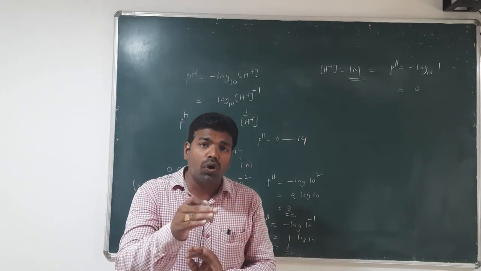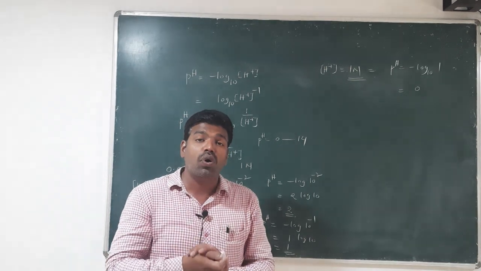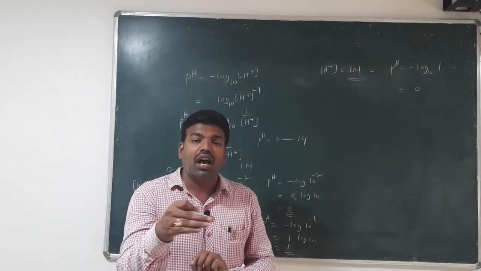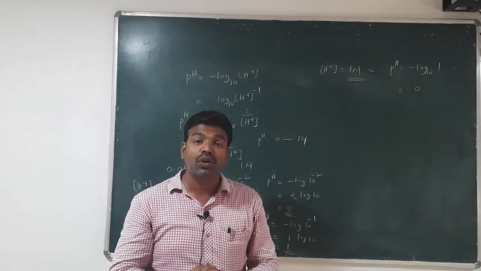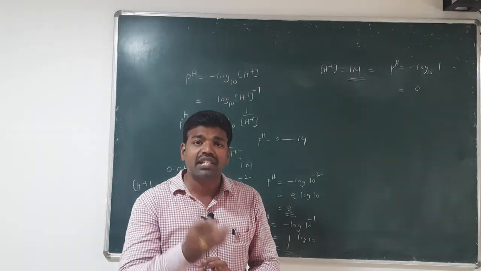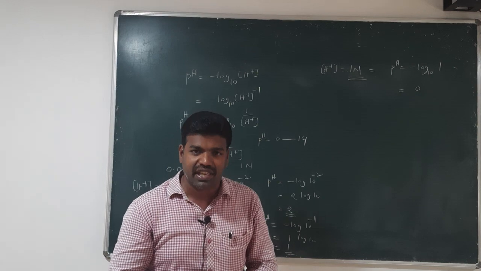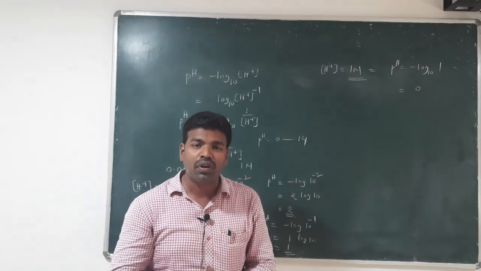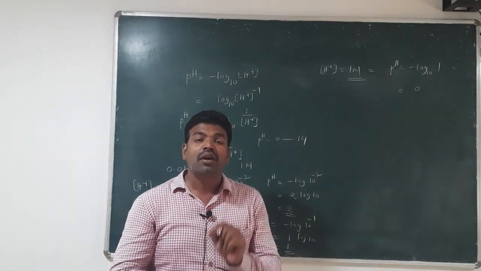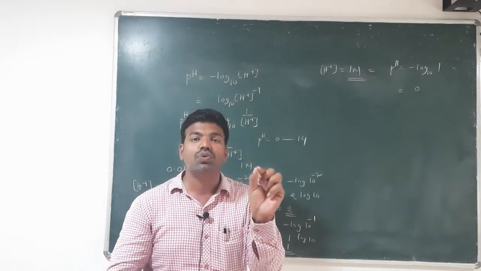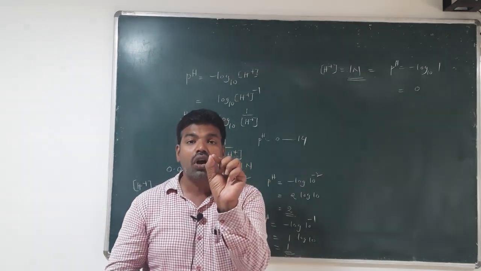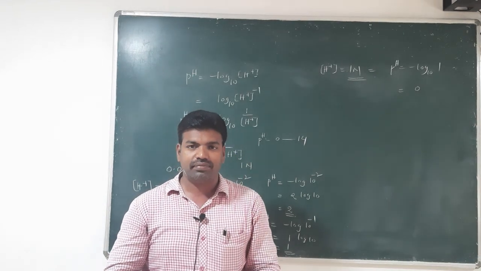But when we go with the highly concentrated solution, more than 1 normal, then we get negative pH values, but we could not see the negative values in the pH scale. Therefore, we can understand that Sorensen introduced the pH scale 0 to 14 for low concentrated solutions.